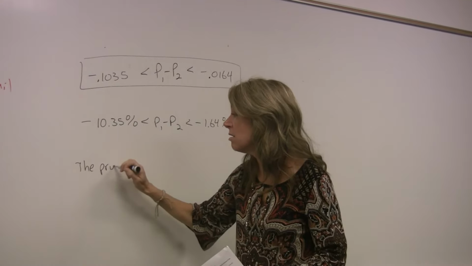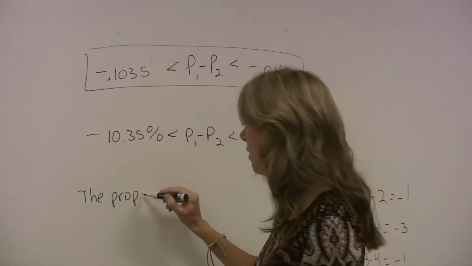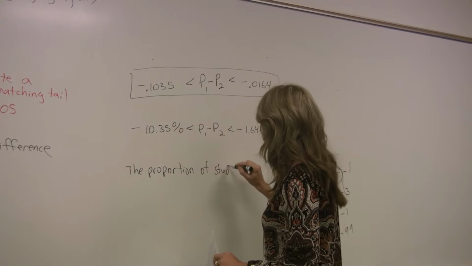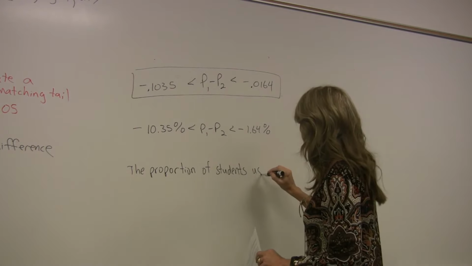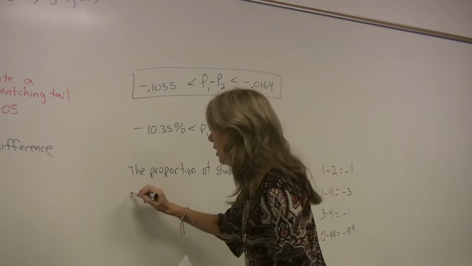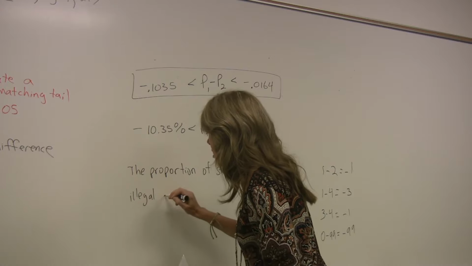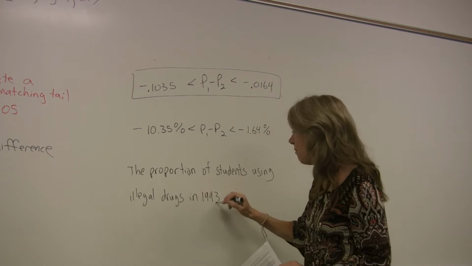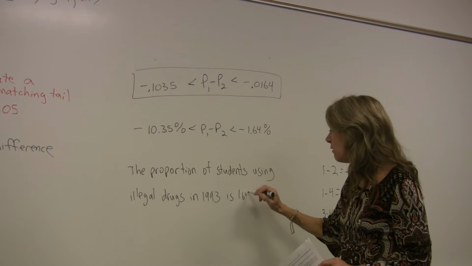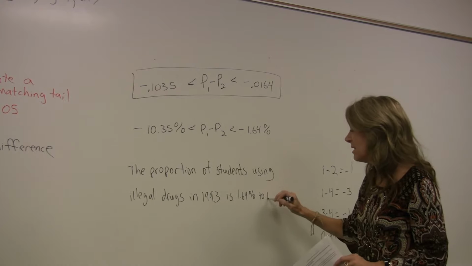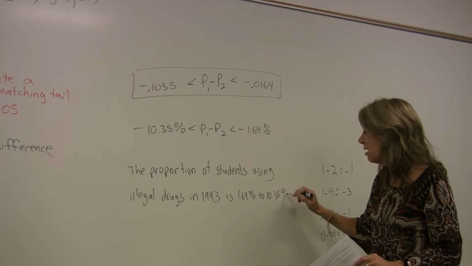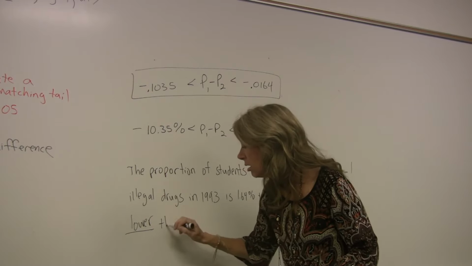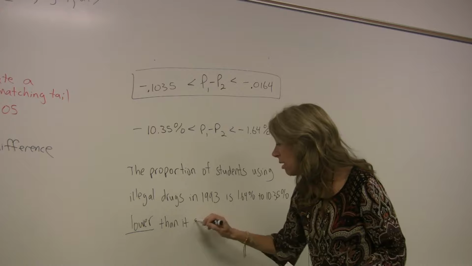So the proportion of students using illegal drugs in 1993 is 1.64% to 10.35% lower than it is now.